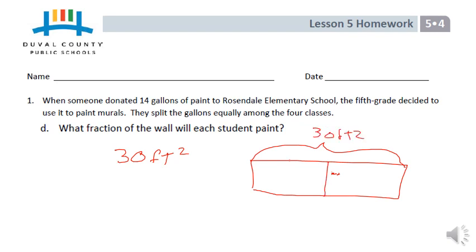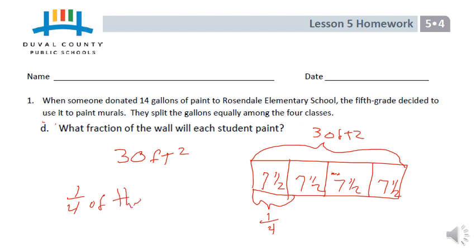There's 4 of them. And it said that they did 7.5. But if you can see, we've already split it up. So what fraction of the wall will each student paint? Well, it's already been split up. Each student will paint 1/4. 1/4 of the wall.